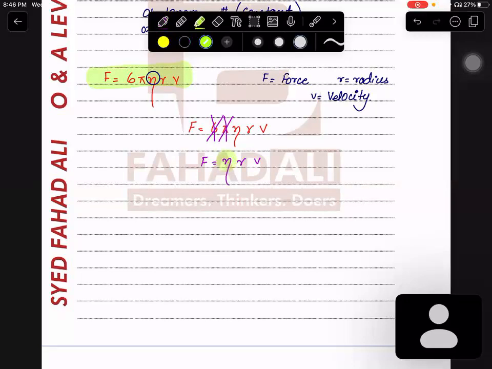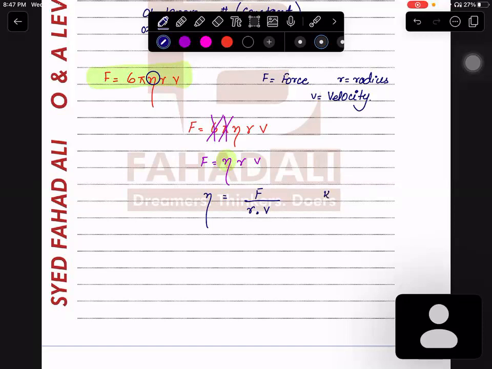We won't cancel this because the examiner said you need to find the base unit of eta. Is this clear? Yes sir. So making eta the subject, eta is equal to F upon r into v. Aiza, clear? Yes.